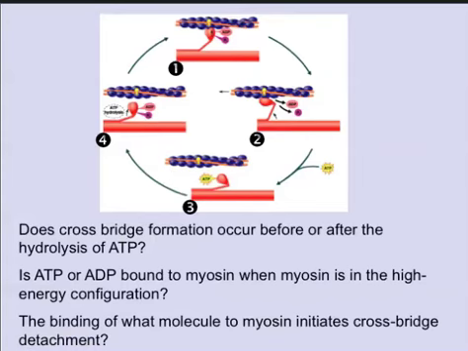The binding of what molecule to myosin initiates cross-bridge detachment? And the answer is ATP. Without ATP, we can't let go of the actin, and we can't repeat the cycle. Okay, so that's why both calcium and ATP are required in order for cross-bridging to take place.